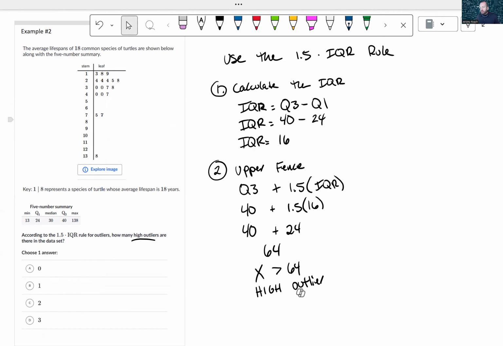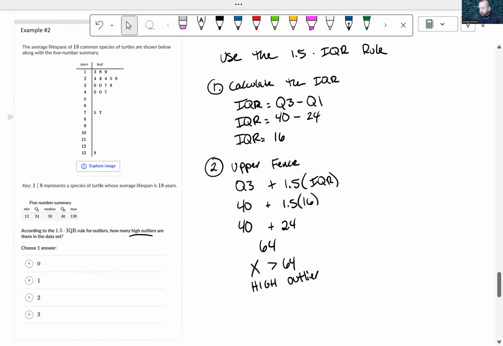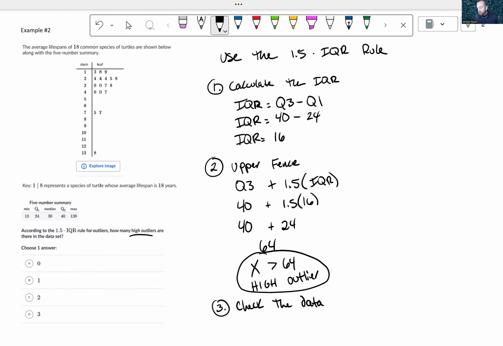Now we're going to check the stem and leaf plot. This is our third step, and I forgot to write step 3 earlier, but that's just check the data. We're looking for any points that are greater than 64. Here's what I see: 75 and 77.